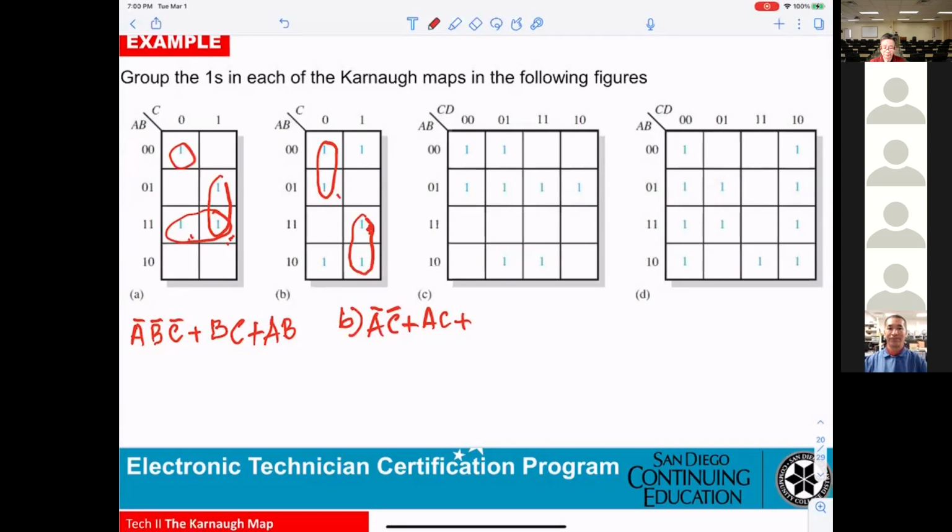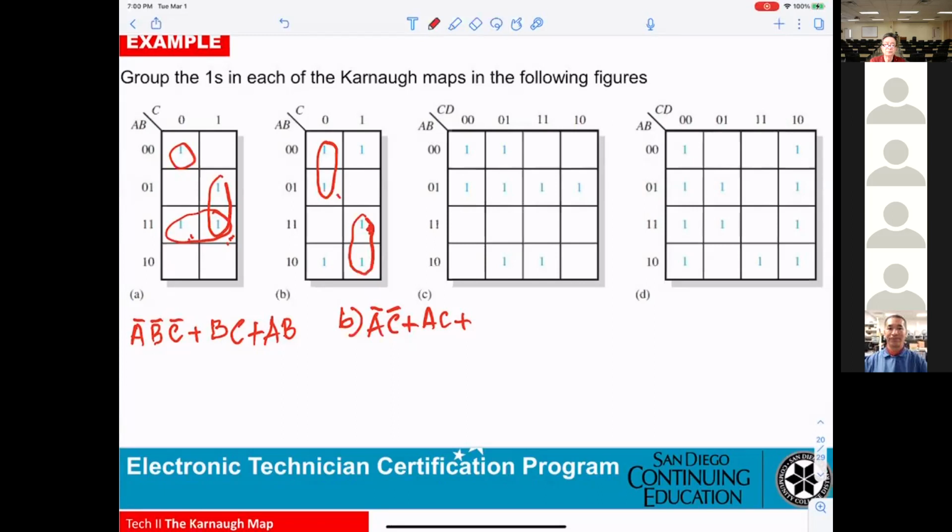So A is 0. That's why I get the first one will be not A, not C. I said I go step by step. If you do not understand, just stop me. You have to understand, okay? And you can see that it is very easy.